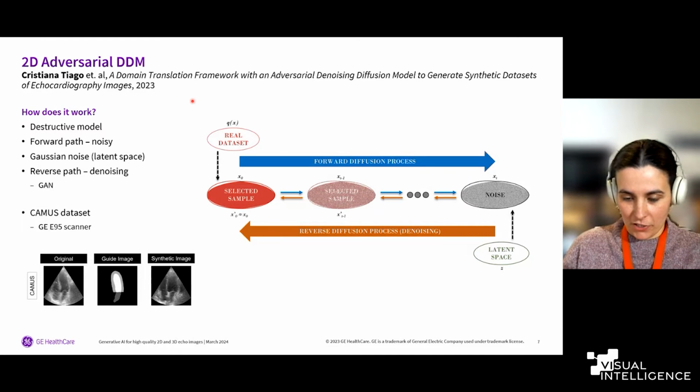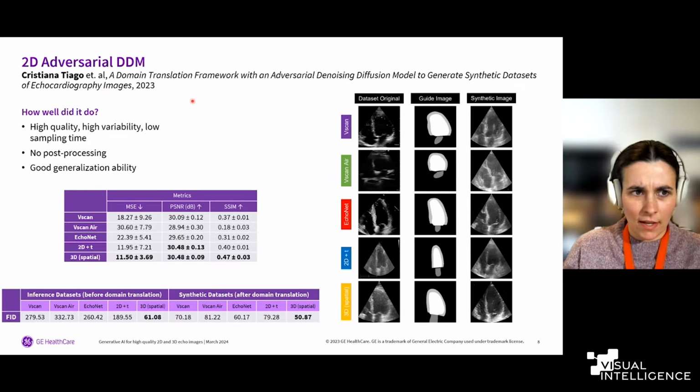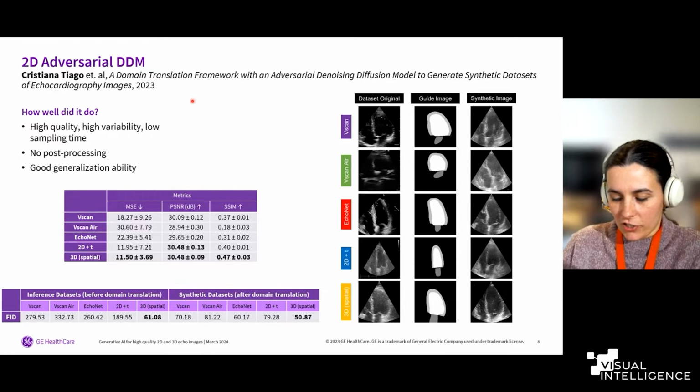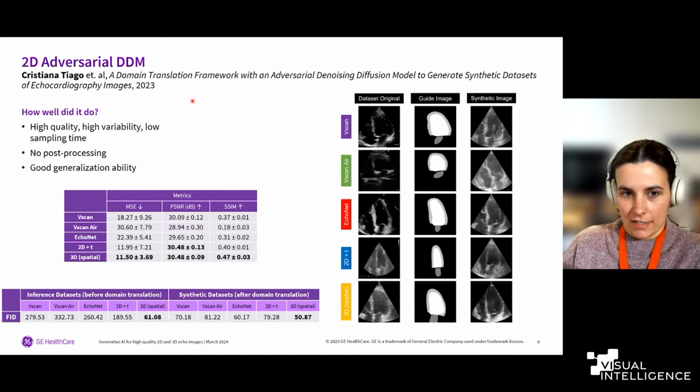So let's take images from different data sets and make the equivalent as if it would have been acquired with the GE95 scanner. And after performing this on 5 different data sets, we saw that these diffusion models have indeed a good generalization ability, as they are able to translate between an initial domain and generate a synthetic data set which has certain characteristics.